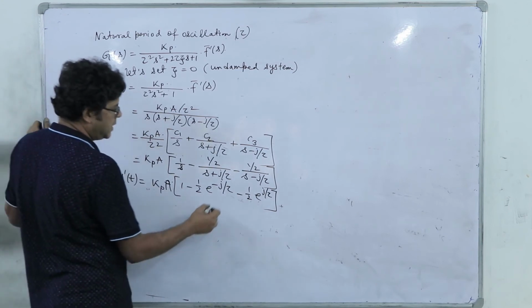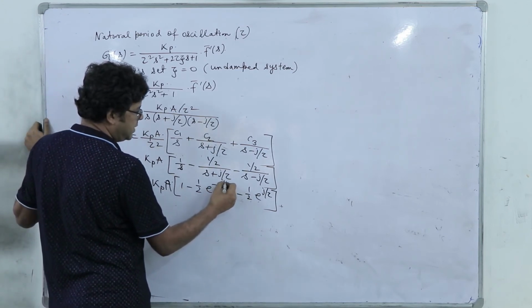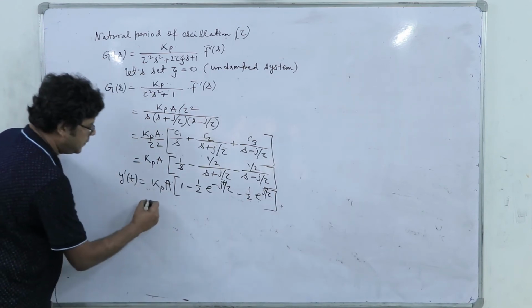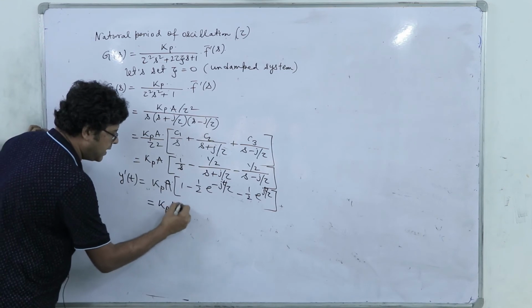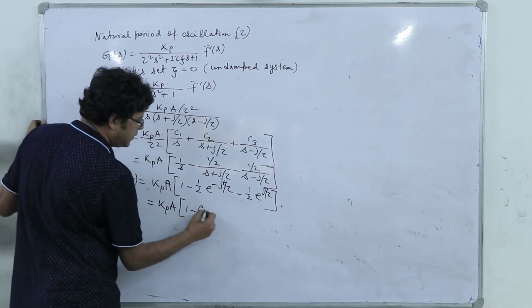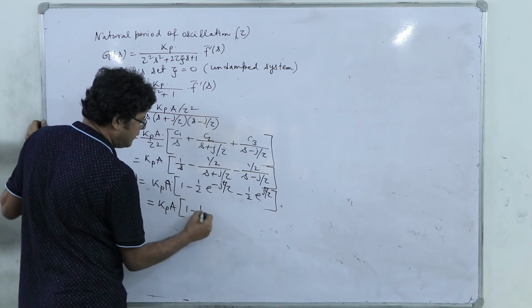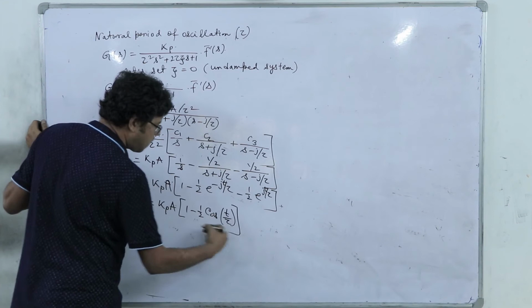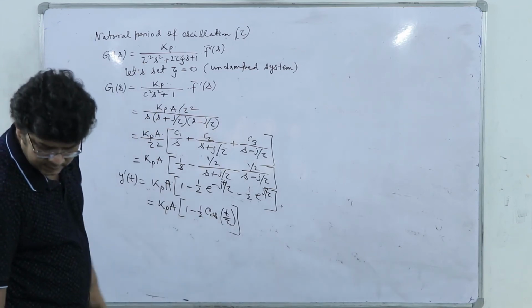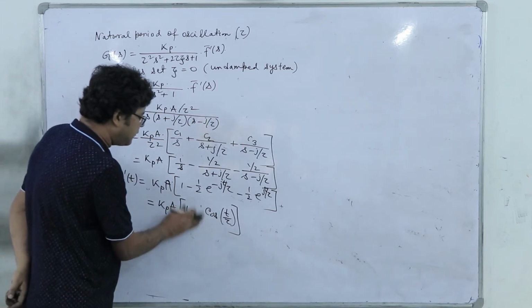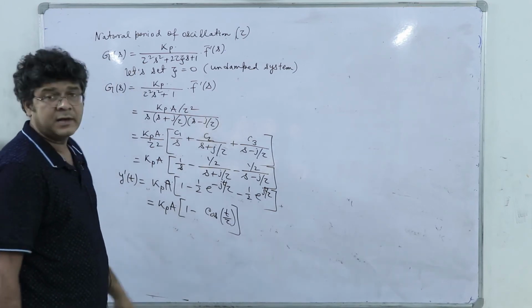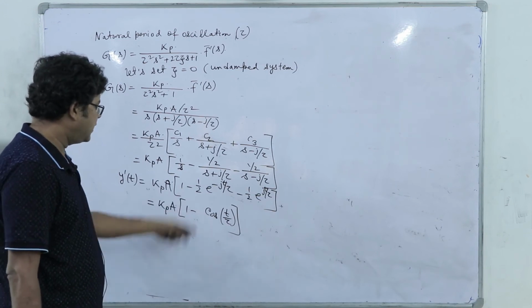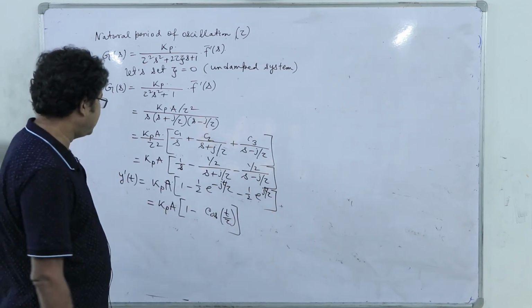So, it is Kp into A times 1 minus cos of t by tau, because half of e to the power i theta plus e to the power minus i theta is cos theta.